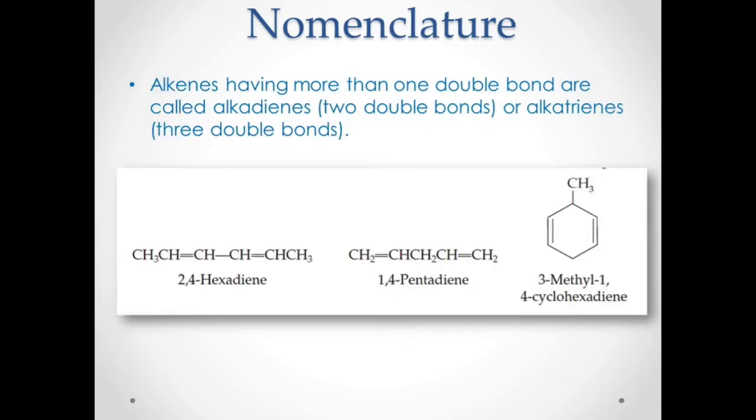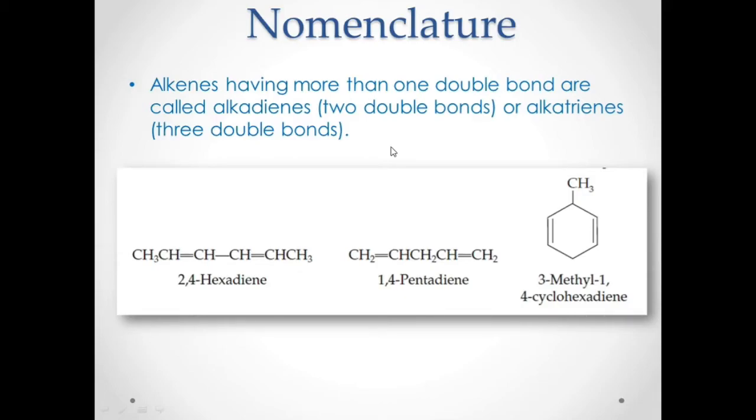Okay, so the last rule for nomenclature for alkenes would be if alkenes have more than one double bond, they are actually called alkadienes. Just like our example lately about vitamin A, it is polyunsaturated because it contains more than one double bond.